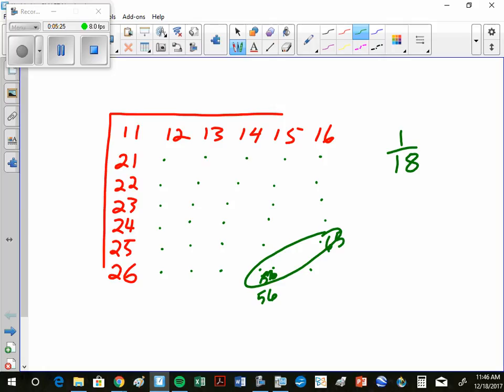5. The chance of A is 1/3 and the chance of B is 1/10. True or false? If A and B are independent, they must also be mutually exclusive. False. So let's say that we're drawing numbers out of a hat.